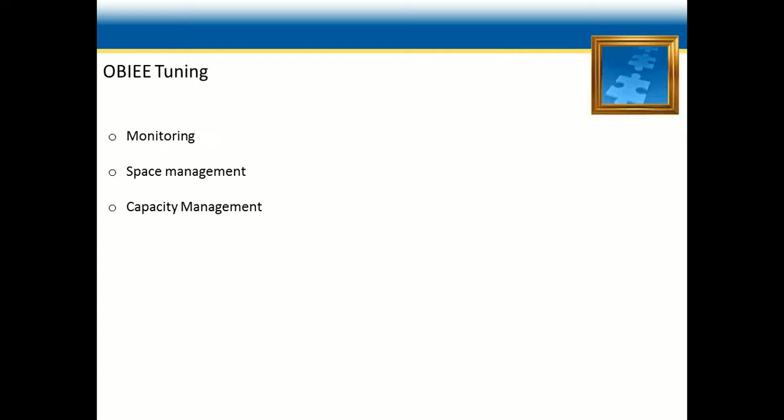In that you can see how many users there are, how many user processes are running, or you can monitor the session timings and timeouts. Because monitoring is the first step of OBI tuning, that's why you need to monitor this OBI.